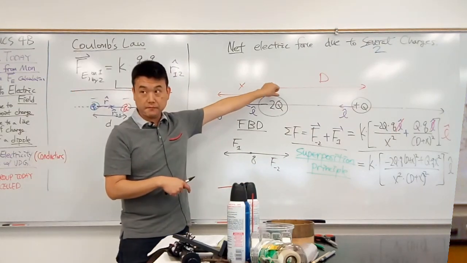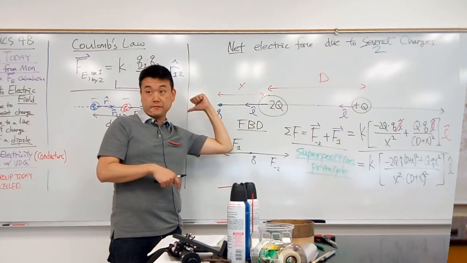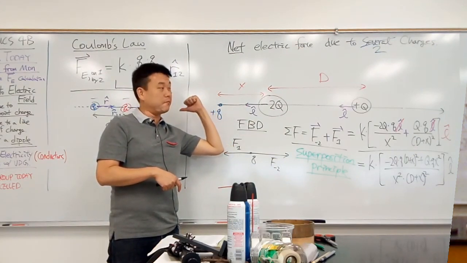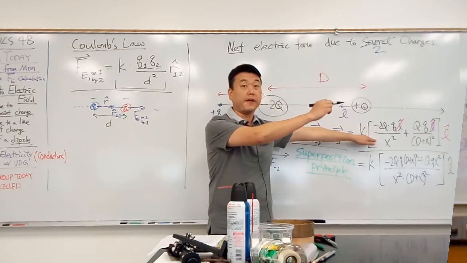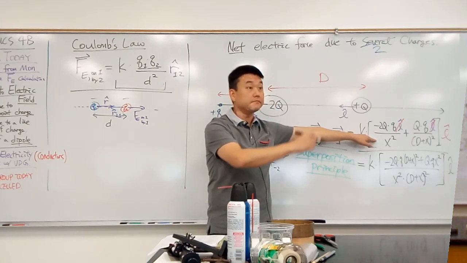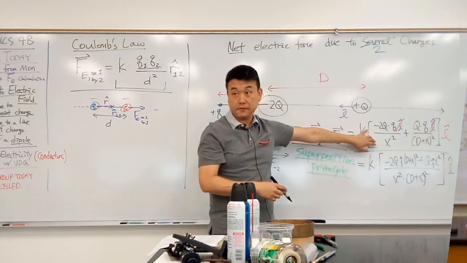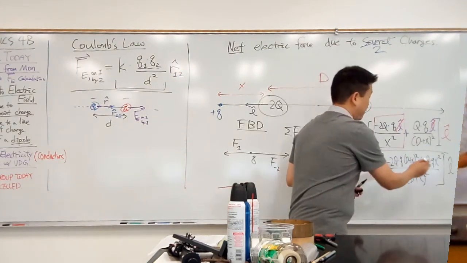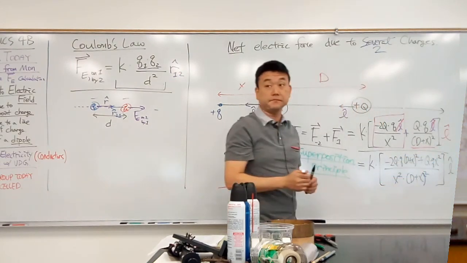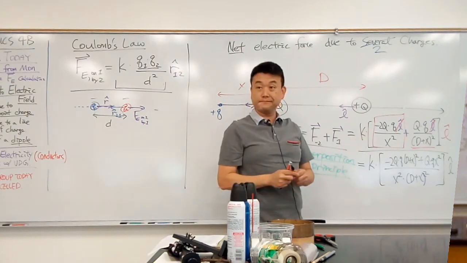To the right, right? L hat is pointing to the left. So what sign should the component be for your eventual force to point to the right? Negative. So we want this negative quantity here to be bigger than this positive quantity here.